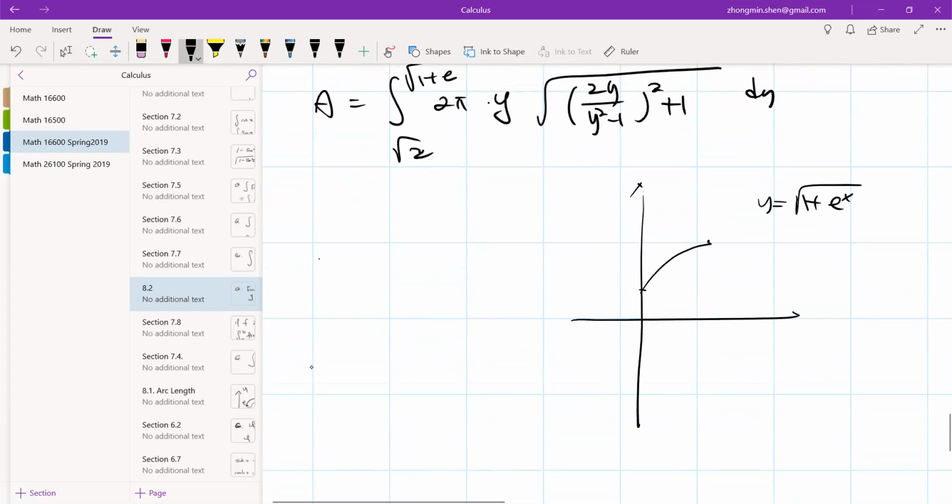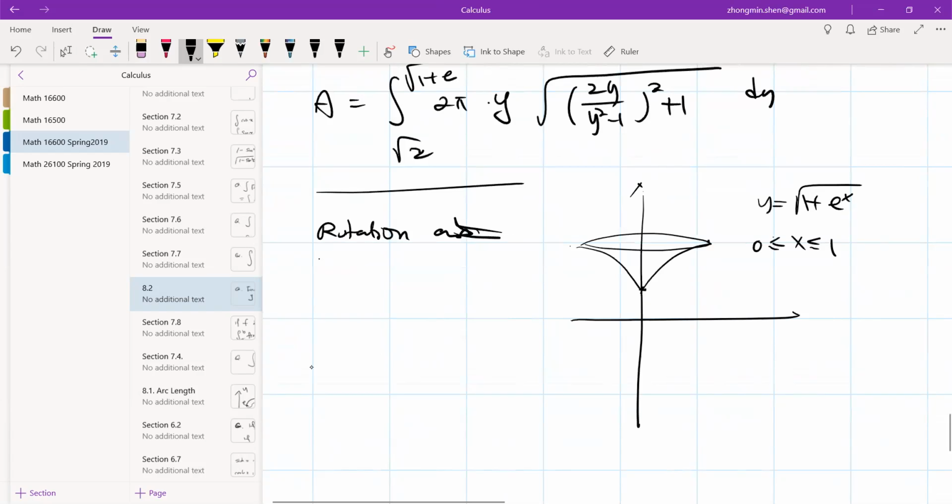And this time I'm going to rotate about the y-axis. x is between 0 and 1, because this is a rotation about the y-axis.